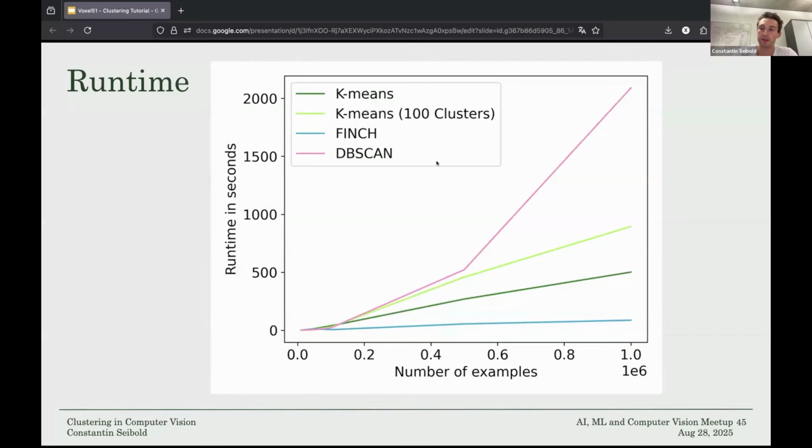Something else to consider in terms of runtime is the number of clusters that you choose, for example, with k-means. While k-means scales rather okay, if you increase the number of clusters, the runtime also increases. And while HDBSCAN works rather fast on small datasets, once you move towards million or billion scale datasets, you will probably never see the end of the method or fit it into memory.